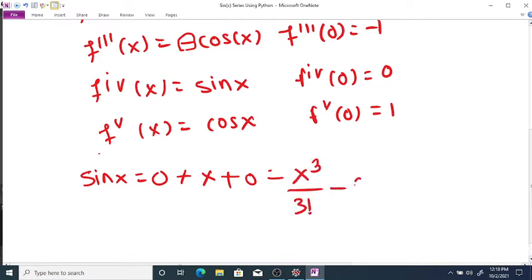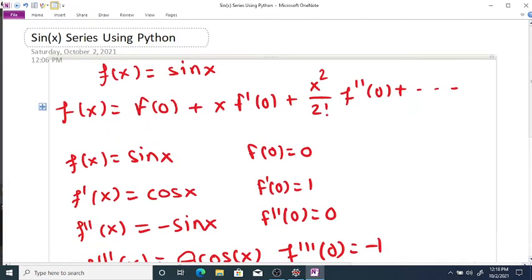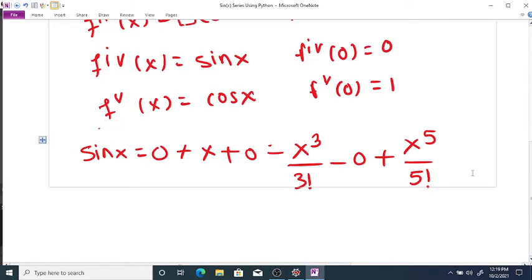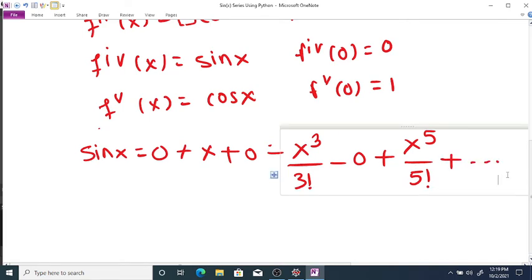Next, the fourth derivative is 0, and the fifth derivative is equal to 1, so it is divided by 5 factorial. If you substitute all these values in this equation, f of 0 plus x f dash 0 plus x square by 2 factorial f double dash 0, x cube by 3 factorial f triple dash 0, we will get the Maclaurin series expansion of sin x.